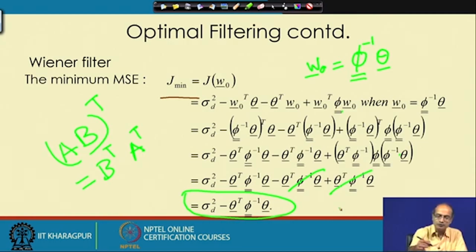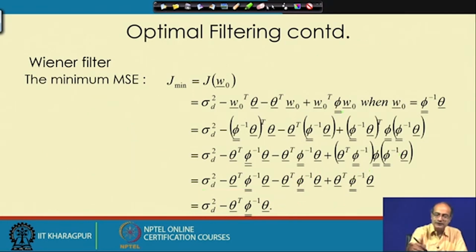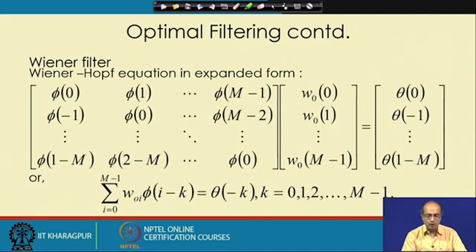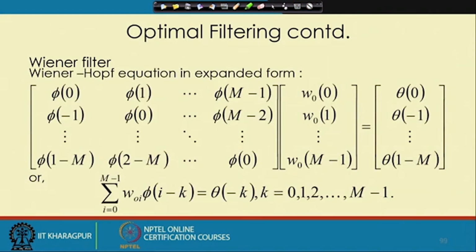This is the interesting thing that we have to look at, and then we proceed and see that the Wiener-Hopf equation for the Wiener filter can be written in different ways.